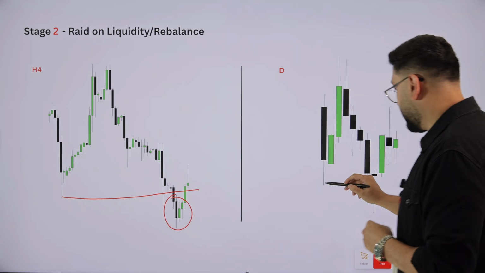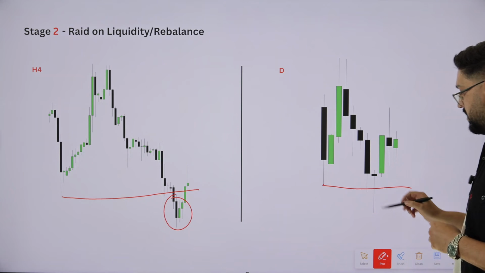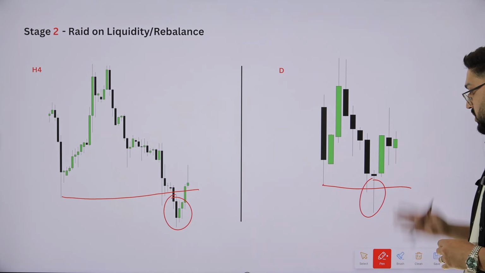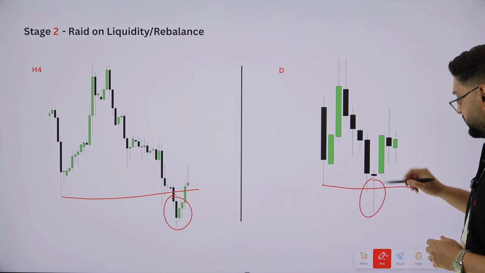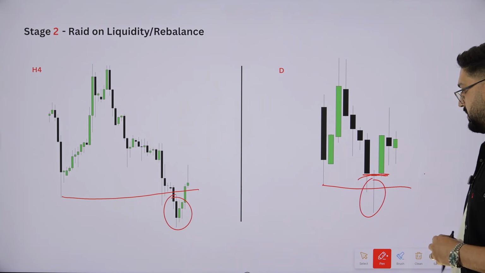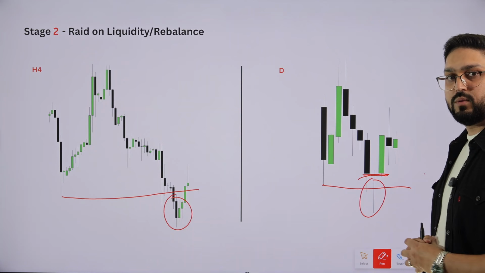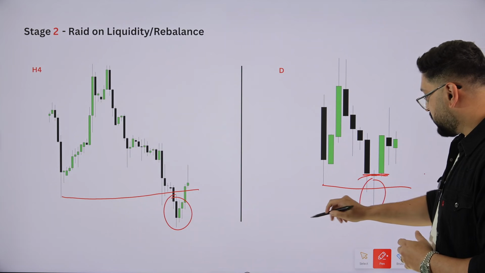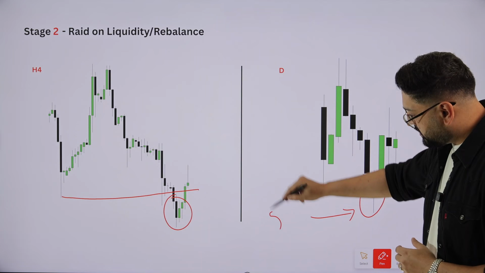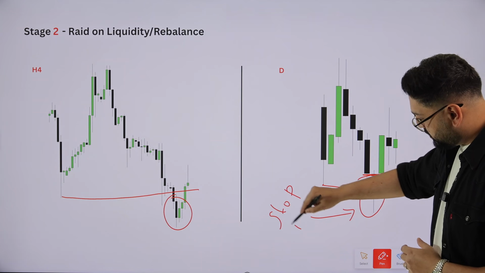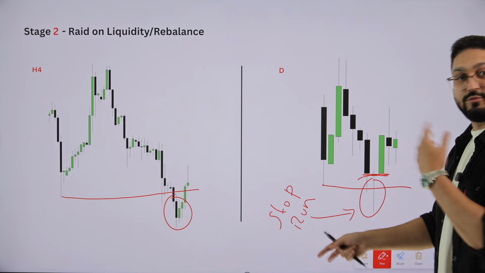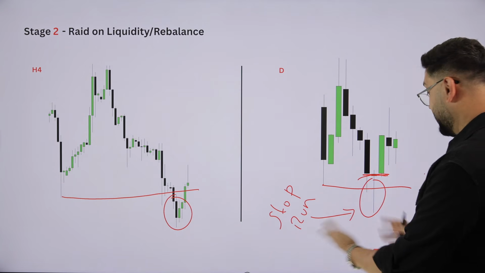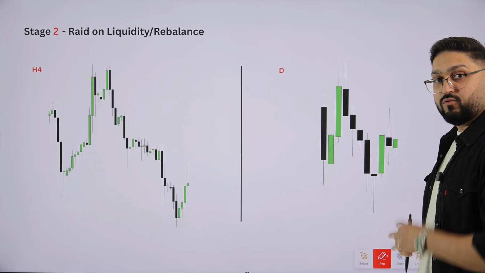On the higher time frame, that same low, notice how we have failed to close below it. The bodies over here are showing that they have an unwillingness to go lower. And since the bulk of the volume is contained in the bodies, this is what we refer to as a stop run.